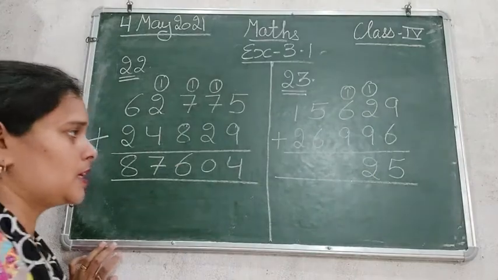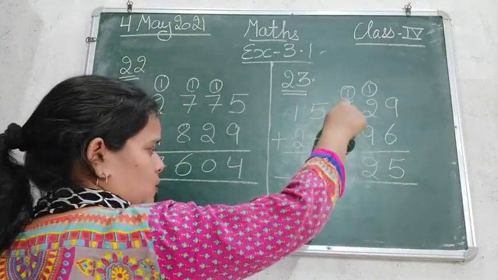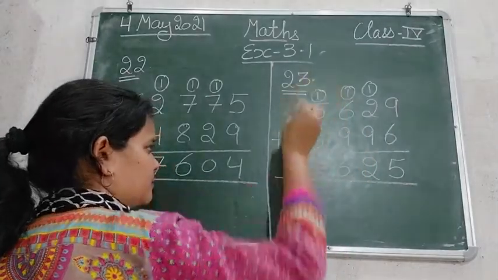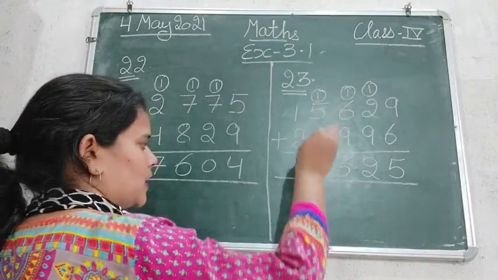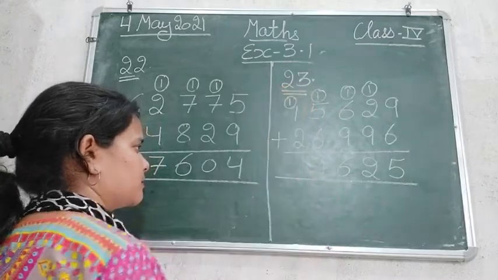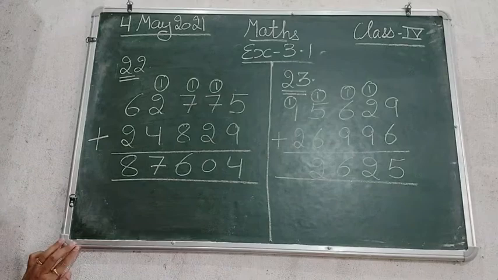Okay. Next. 6 plus 9, 15 plus 1, 16, 6, 1 will be carried here. 5 plus 6, 11 plus 1, that is 12. 2, 1 will be carried here. Next.